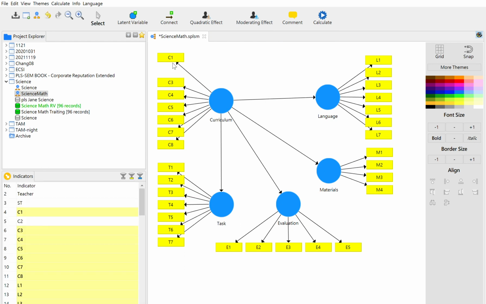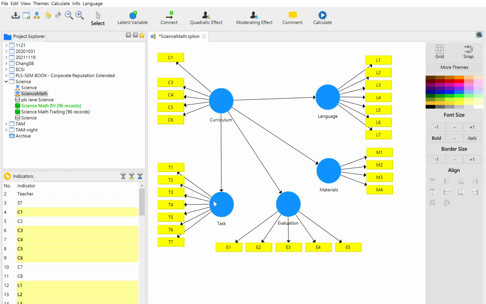So what I did was I deleted C2 because this indicator is somewhat repeated in other indicators, and so is the 7th item on the curriculum, and the 8th item on the curriculum.